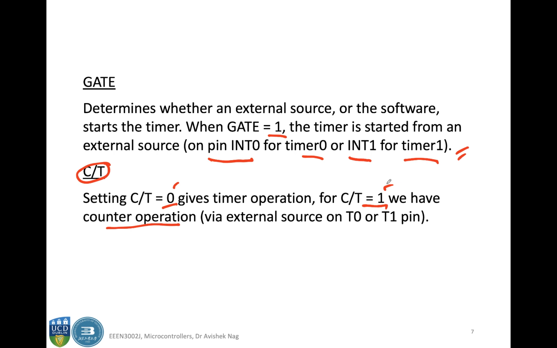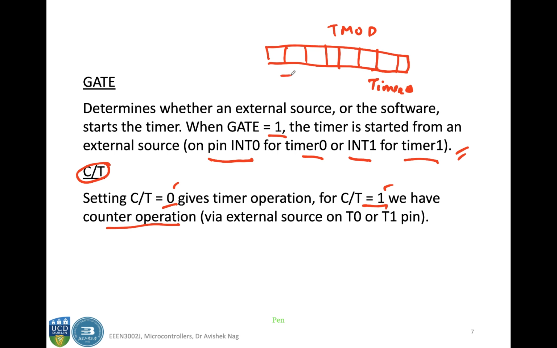So these are all the bits in the TMOD register, by the way. We have the TMOD register, and that is divided into two parts, as you saw, for timer 1 and timer 0. This part is for timer 0, this part is for timer 1, and these are the bits.